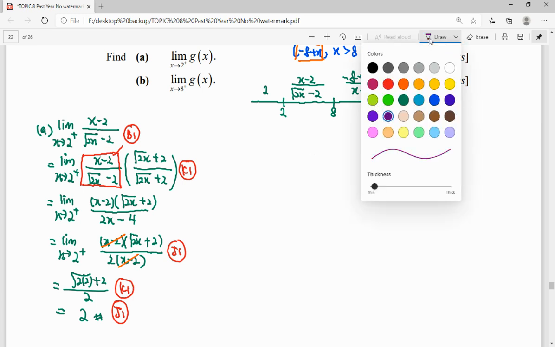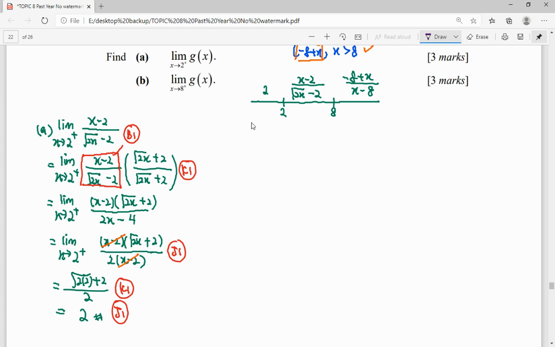Now we're going to solve question B. They ask us to find the limit for x approaching 8 from the right hand side. The function involved here will be negative 8 plus x over x minus 8. First, we try to substitute our 8 inside here, and you'll notice that we get 0 over 0.